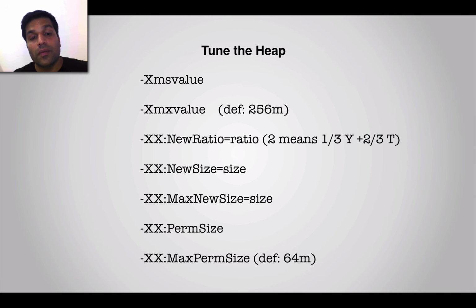But if your application is going to keep objects for a relatively longer time, you should keep the eden space bigger or the young generation bigger, so that the GC kicks in only after some time. By that time, maybe your object that has to stay alive for a long time would have become unreachable and might be subject to collection. So there are things like that you have to think about when you tune these parameters in terms of performance.